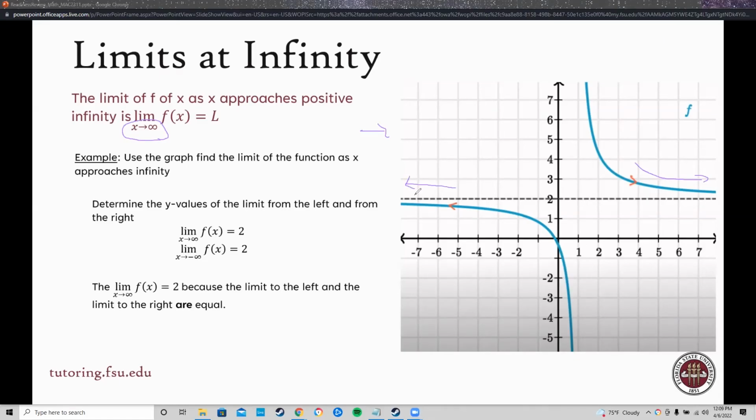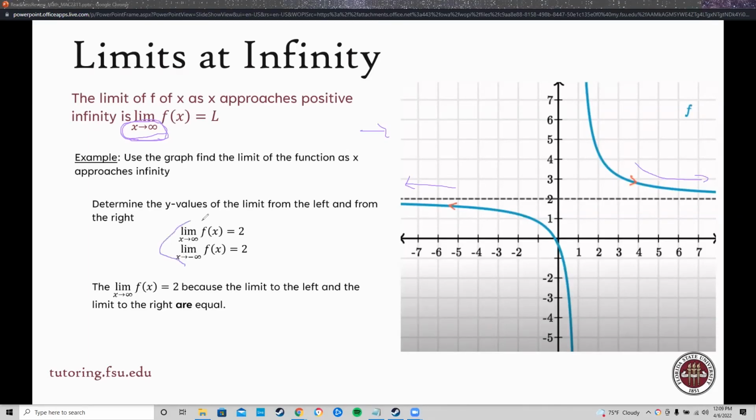When x approaches positive infinity, I see that the function is going towards a y value of 2. And at negative infinity, I see that it's also going towards a y value of 2. You can't really approach infinity from the left and right-hand side, so when you're asked about abstract x values, you just check what's happening at positive and negative infinity.